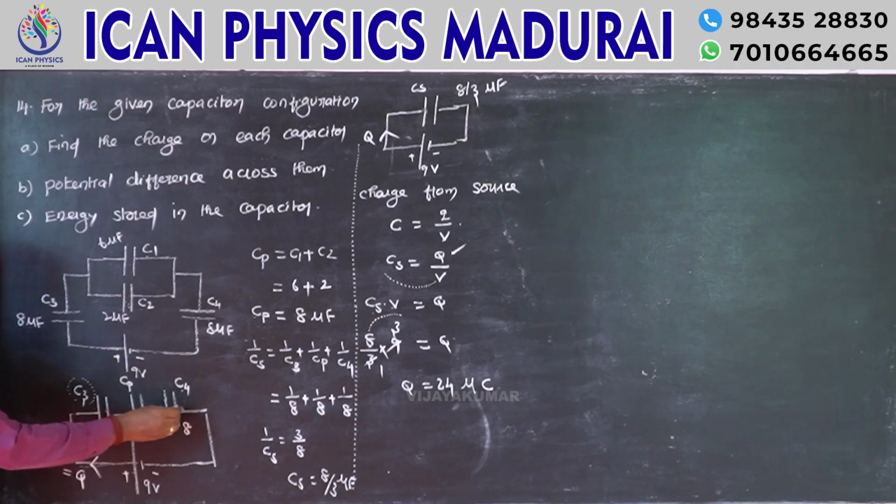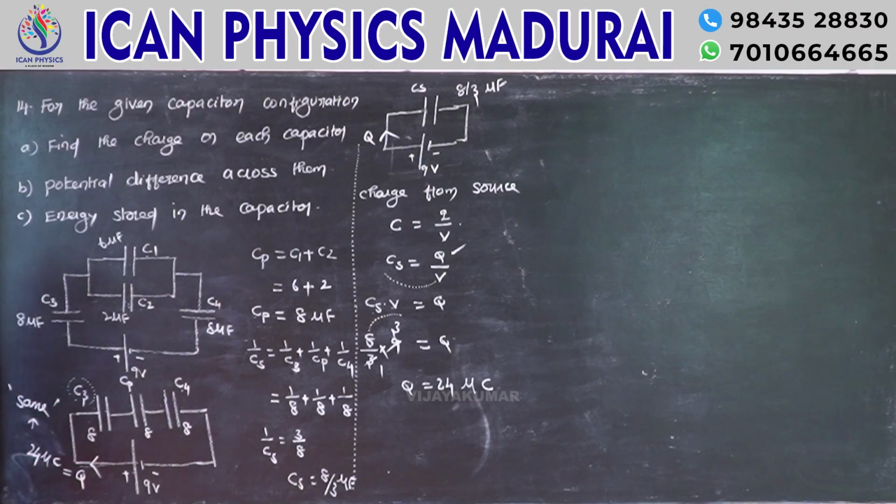Now, the capacitors are connected in series, so the charge will be the same. The same charge will flow through C3, Cp and C4. So, we have to calculate the potential difference across C3, which can be taken as V3.